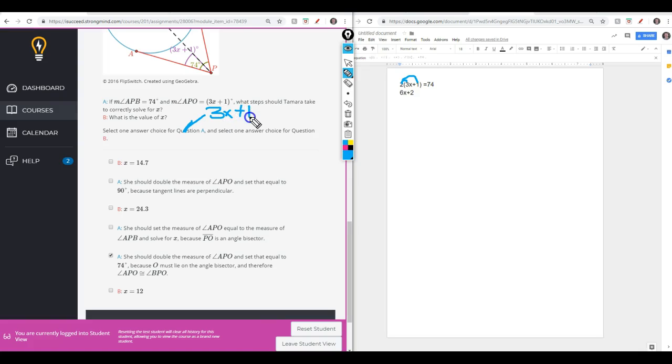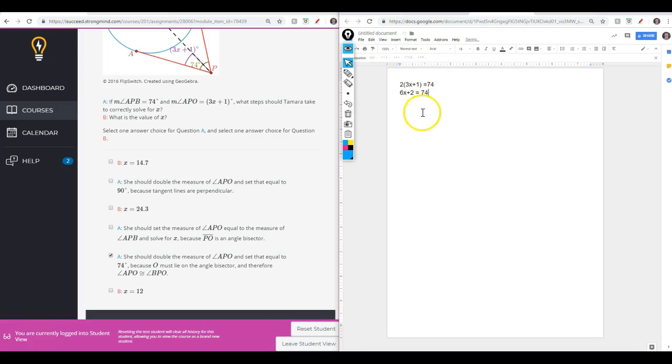If I doubled that, that means I'm just adding another one onto it. So 3x plus 3x gives us our 6x, and the 1 plus 1 gives us our 2. So that's just another way you could think about it. Side note, that is equal to 74 degrees.